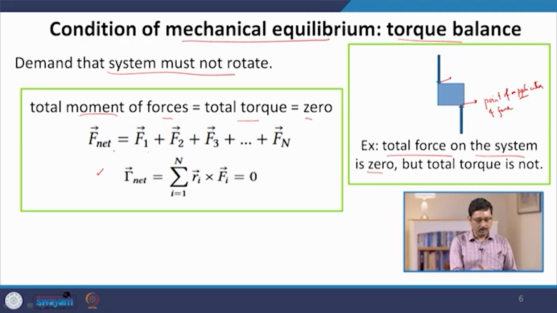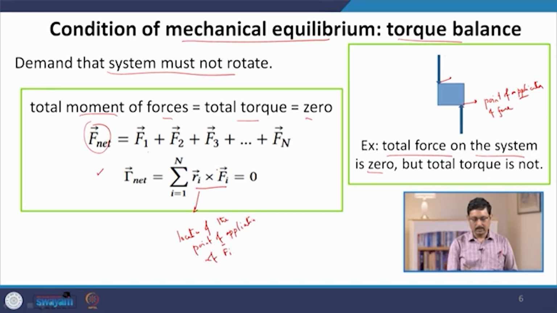Then the resultant force is given by this F net, and each force generates a moment which is represented by this term Ri cross Fi, where Ri is the location of the point of application of Fi.